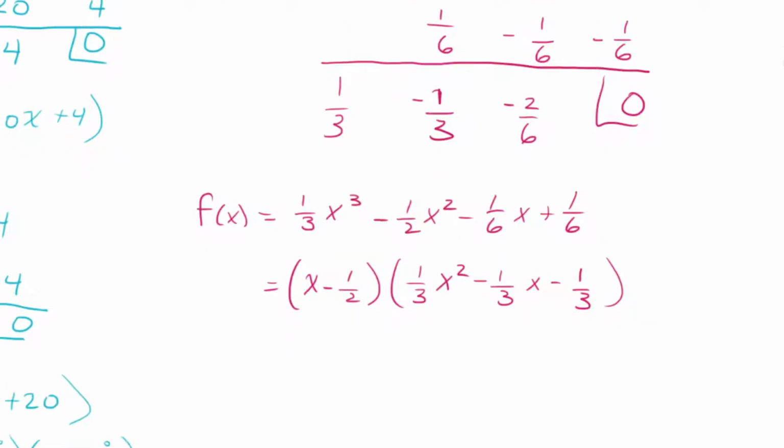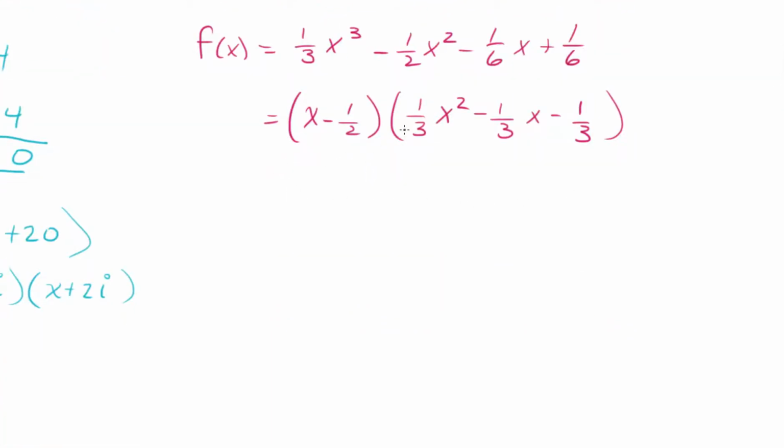Okay. Now, to simplify this one, we will need to use the quadratic equation. But first, I'm going to factor all these 1/3s out all the way to the front. So this is 1/3 times x minus 1/2 times x squared minus x minus 1.